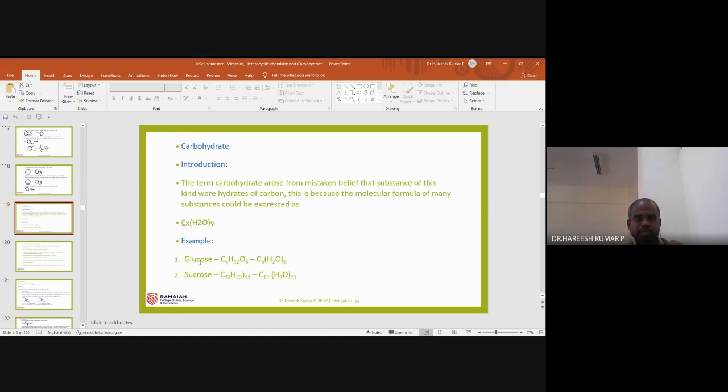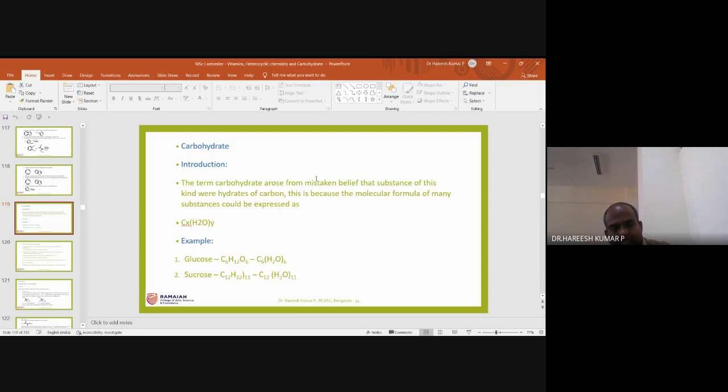It is applicable to glucose and sucrose. Glucose is C6H12O6, which we can write as C6(H2O)6, so it is applicable. Sucrose is C12H22O11, which we can rearrange and write as C12(H2O)11. So this is also applicable as per the general formula.